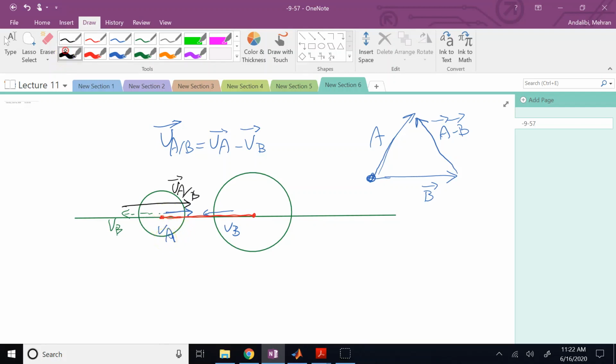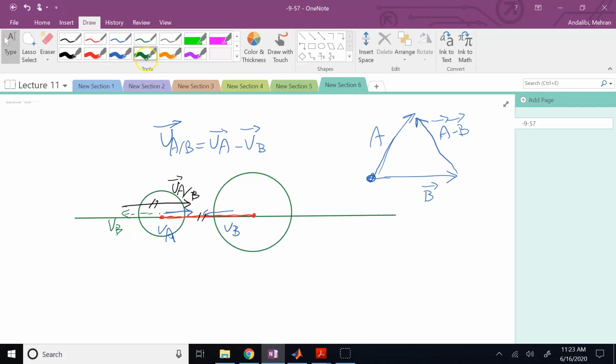So clearly you see the line of action of V of A with respect to B is the same as what? The line of action of the line that connects the two centers together. So since these two, this black one and the red one, are parallel, we call them direct central impact.